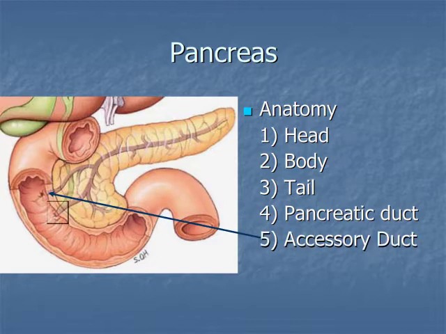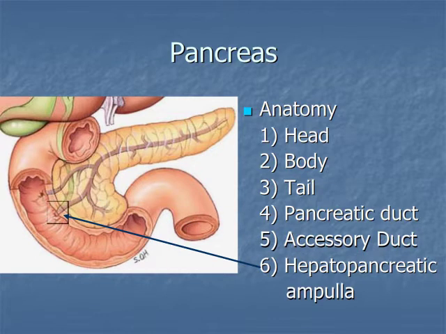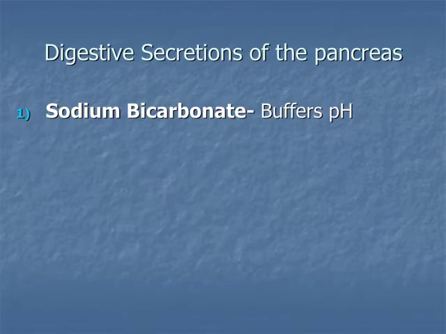Some of these secretions will enter the duodenum through an accessory duct. However, most of the pancreatic secretions will in fact enter the duodenum through something called the hepatopancreatic ampulla. The word hepato means liver, and pancreatic, of course, means pancreas. And so this is an area where both secretions of the pancreas and also the gallbladder enter the small intestine or duodenum.